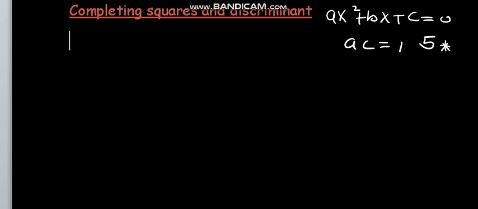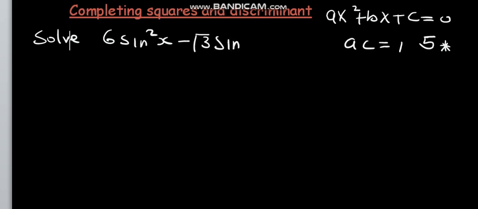For example, we are given this trig function: solve 6 sine squared x minus root 3 sine x minus 3 is equal to 0. And they need us to find the values of x. Is that okay?